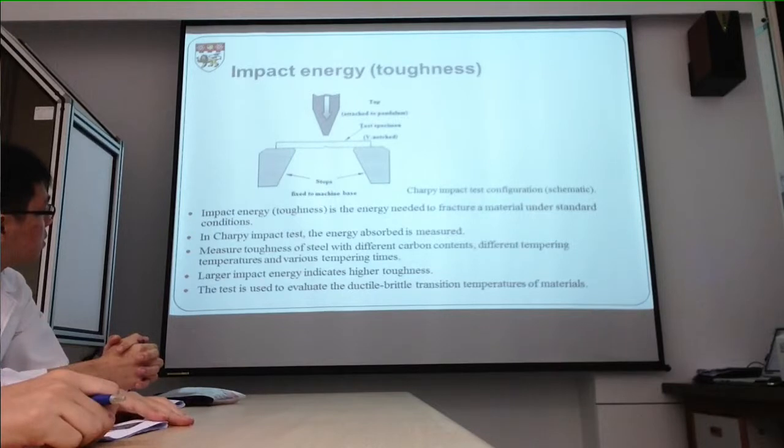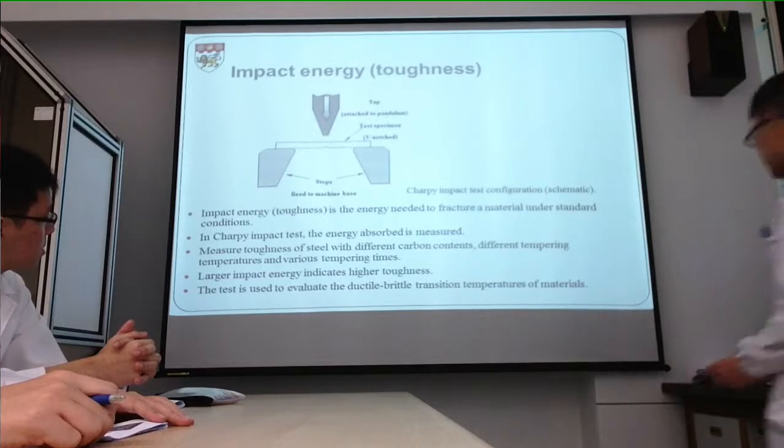Also, you can measure the toughness of steel with different carbon content, different temperature and various tempering times. Large impact energy means higher toughness. And the test is used to evaluate the ductile brittle transition temperature of materials.